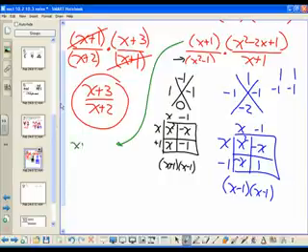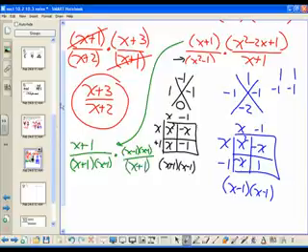So we have our x plus 1 over x plus 1 times x minus 1. That's this first one. Times x minus 1 times x minus 1 over x plus 1. So we have the factor of the top term over the bottom term, and the top term over the factor of the bottom term.